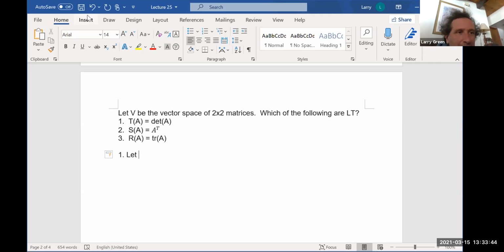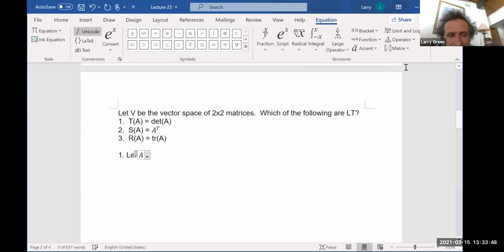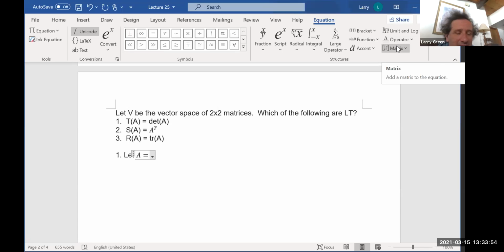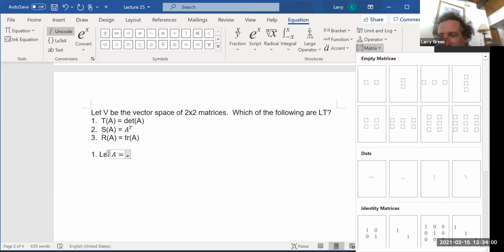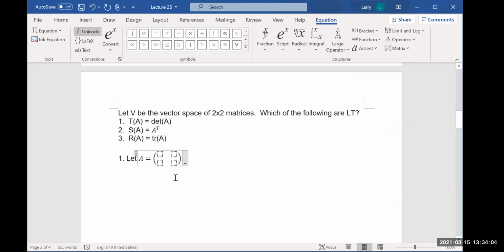Let A equal, okay. We don't want it to be a 0 matrix because that's boring, and that'll actually work with the determinant. What's the next easiest matrix after the 0 matrix? The identity. Yeah, let's let A be the identity.